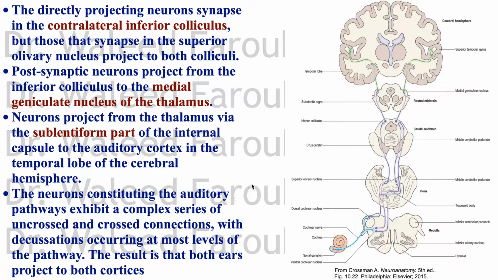So that's why it's difficult to lose the sensation of hearing centrally, because each ear projects to both cerebral hemispheres with a series of crossings along the auditory pathway.